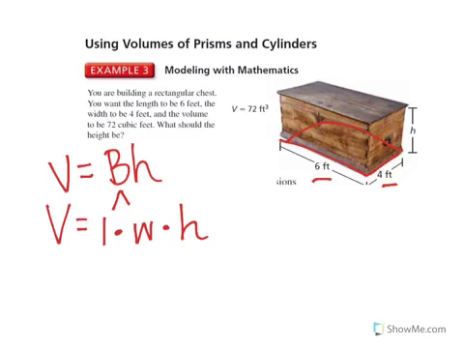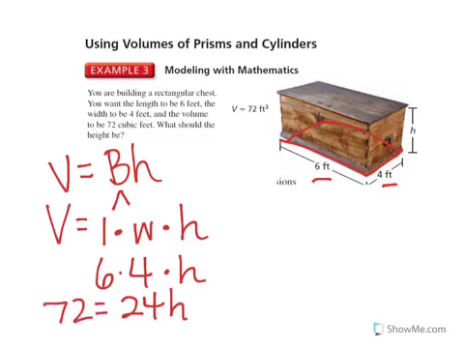So if we already know that we have a length of 6 and a width of 4, we just need to multiply those together. So we would have 6 times 4 is 24. We know that the volume they have over here is 72. So if we're going to use that formula, all we need to do is divide both sides by 24.